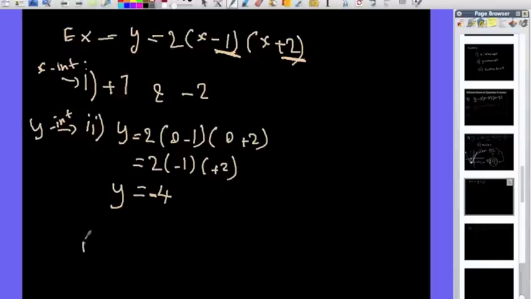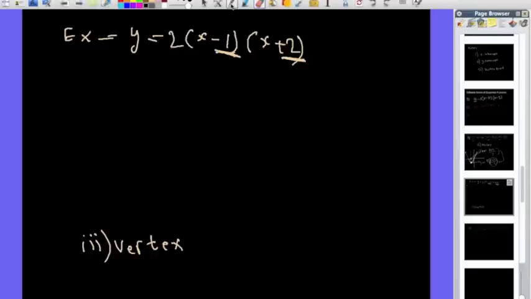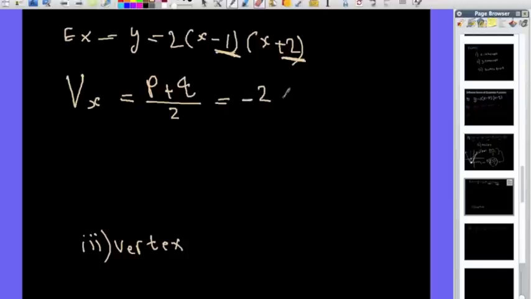Okay, and the third step is to find the vertex. So now this is the tricky one. I'm gonna erase y and x so we would have more space here. Let's first find the vertex x-coordinate, it's easier to find that first. It's p plus q divided by 2, which means -2 plus 1, right?